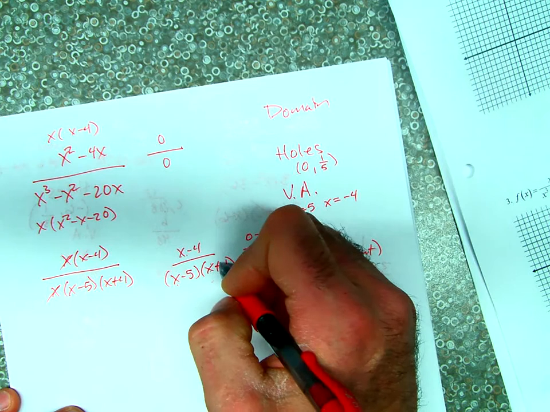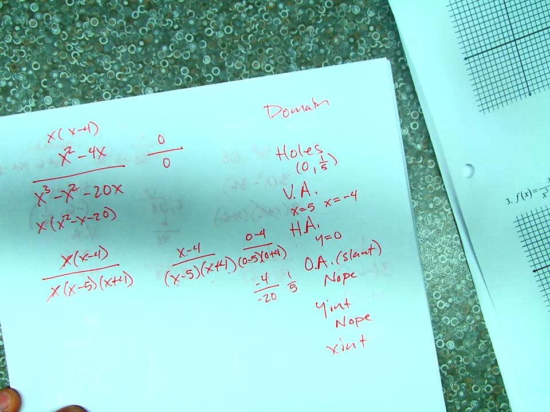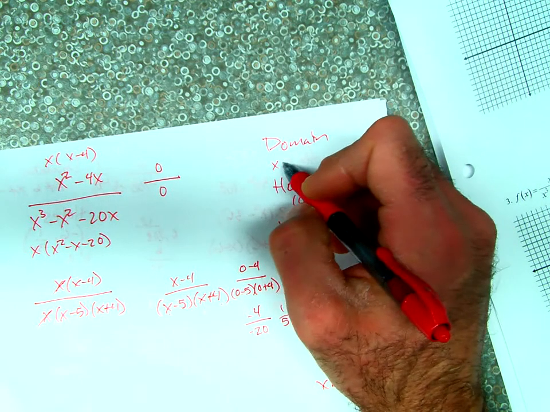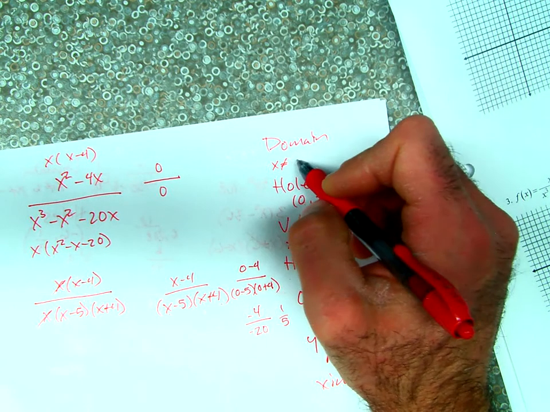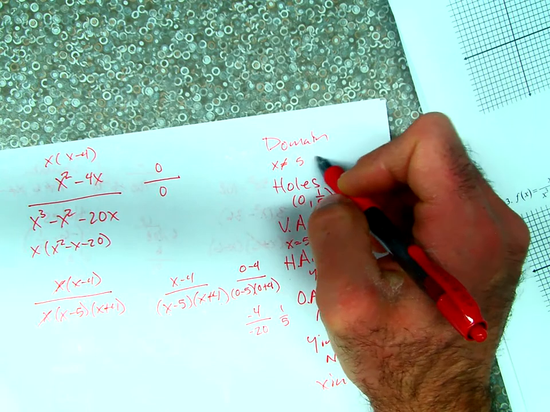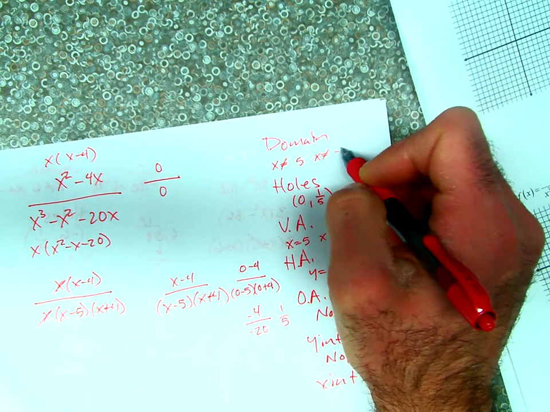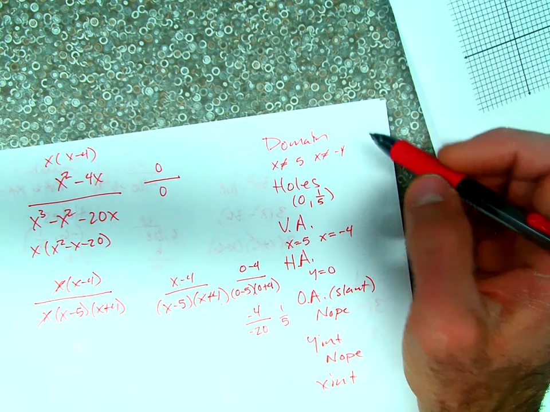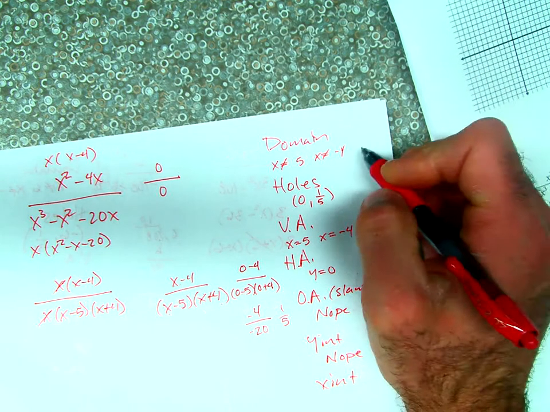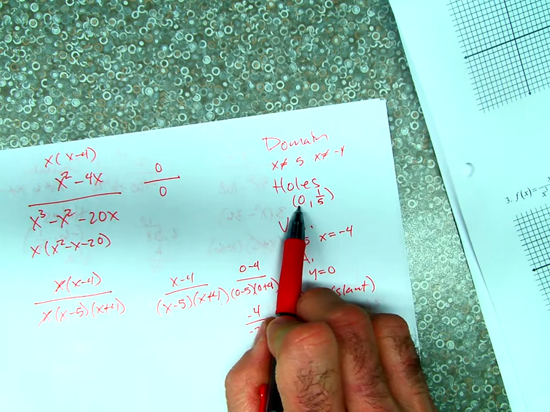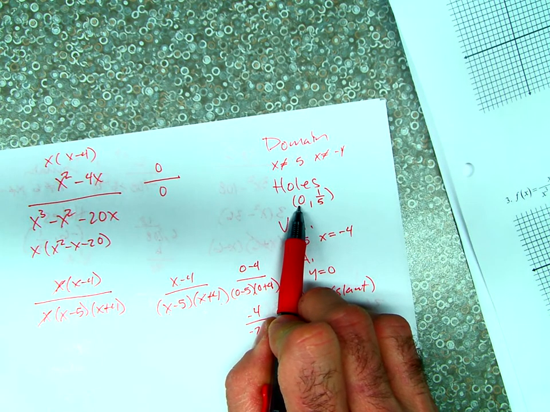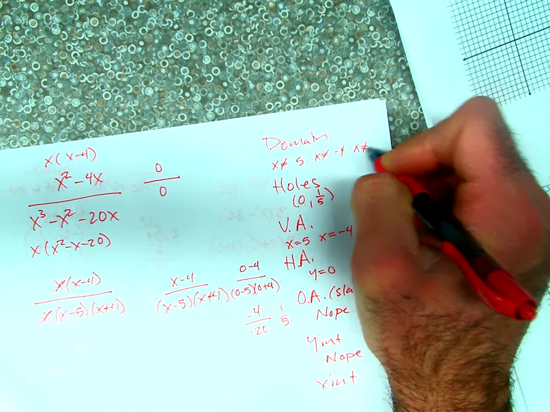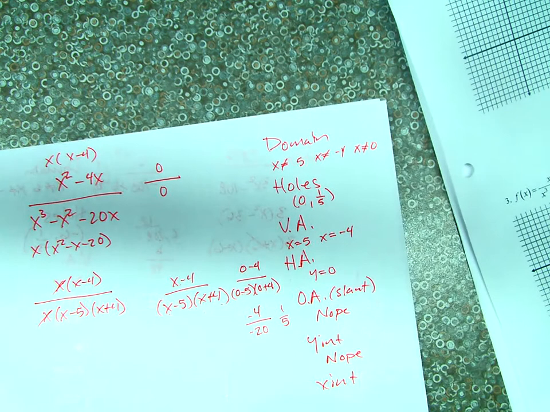Okay. What's the domain? X cannot equal 5. X cannot equal negative 4. Is that it? Not it. It's what died. What died is the holes. The x values of the holes will also be part of your domain. Does that make sense, you guys?